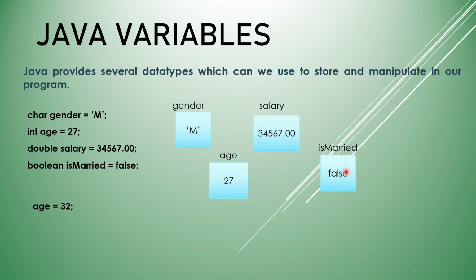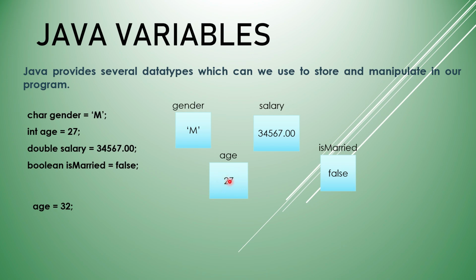So now see, in your program, once you have declared or initialized the value, you can change the value of any variable again. So that's why it is called variable, because the value of the variable is changeable. So now I want the age to be 32, not 27. So now we are assigning a new value to age, right? If I store or assign a new value to age, it will be stored here.